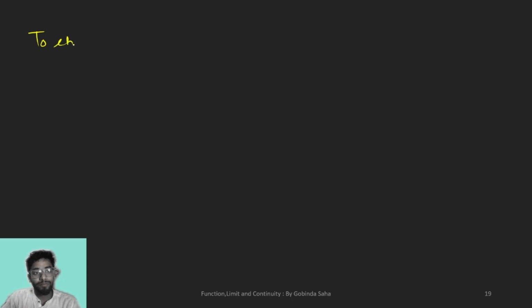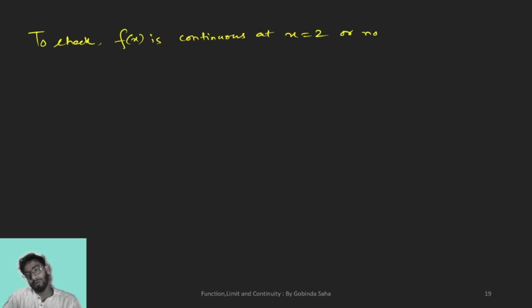Now we will do the same for x equals to 2. So to check fx is continuous at x equals to 2 or not, first we are finding left hand limit, x tends to 2 minus fx.